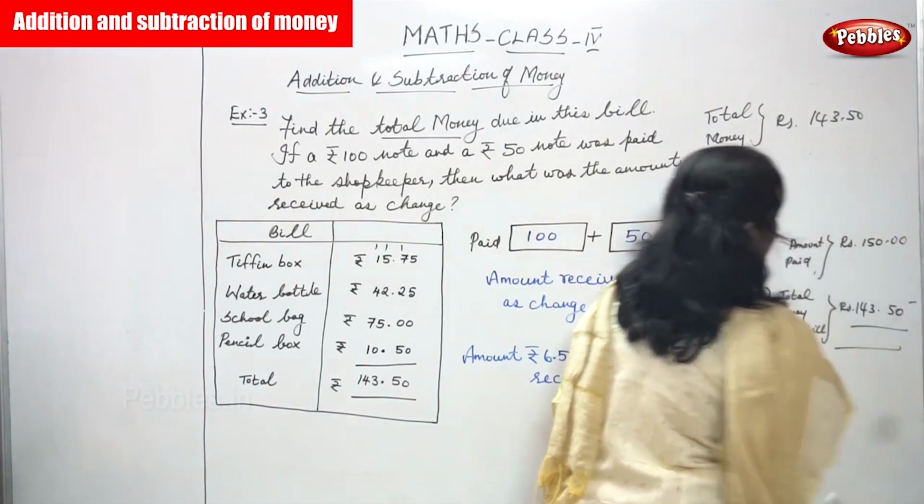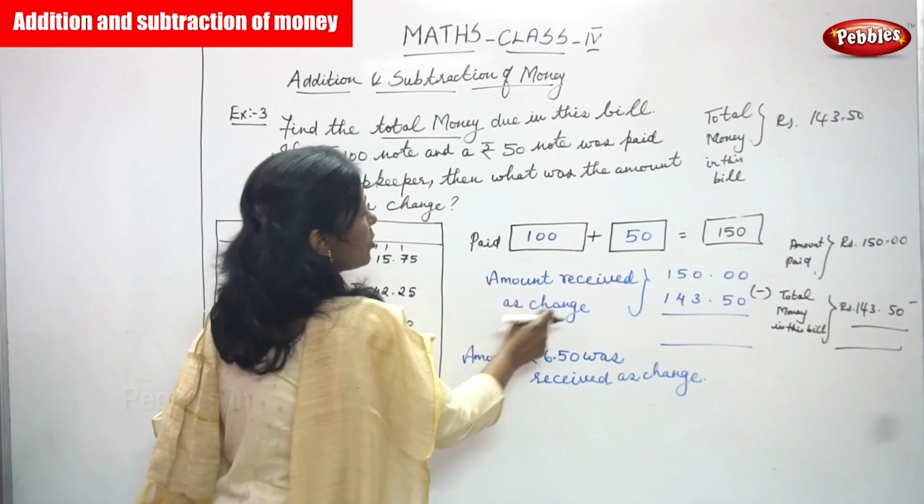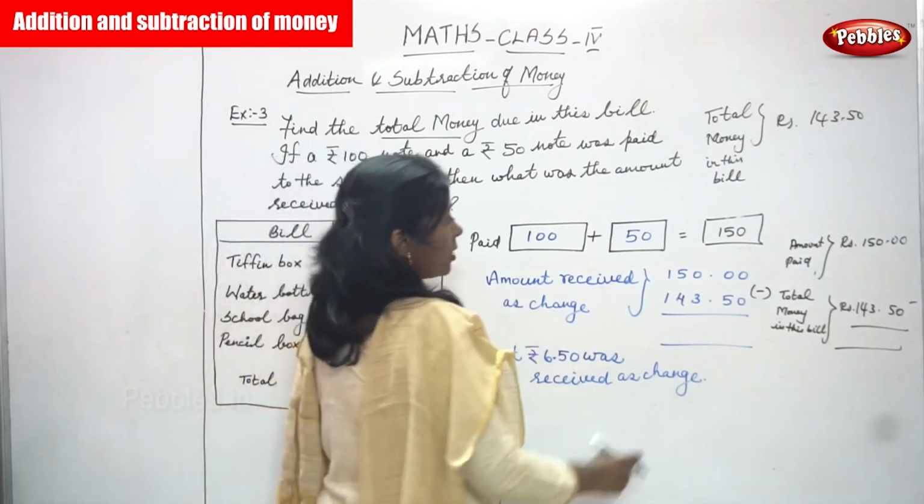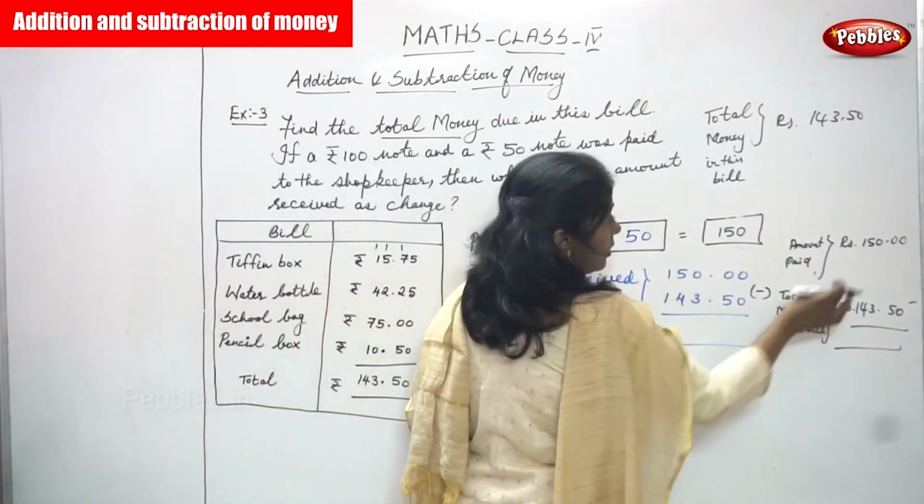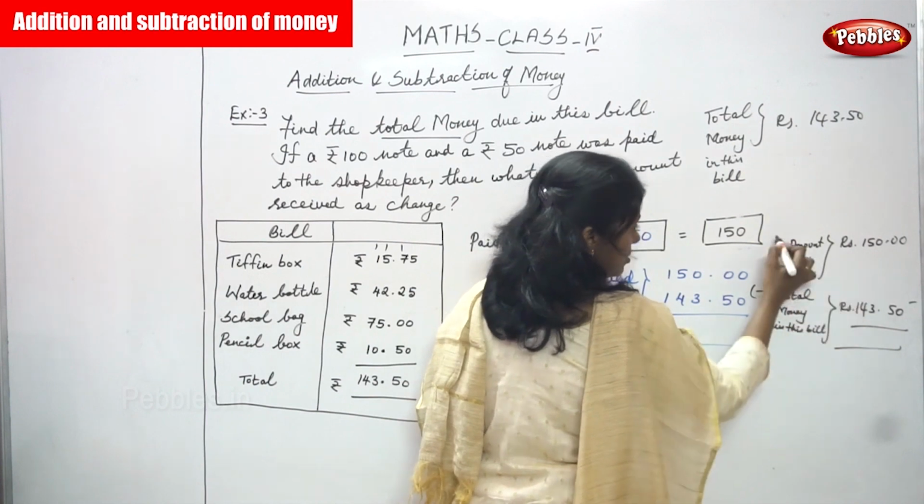You have to subtract. That is the amount received as change. So now I'm going to subtract, as I clearly mentioned.